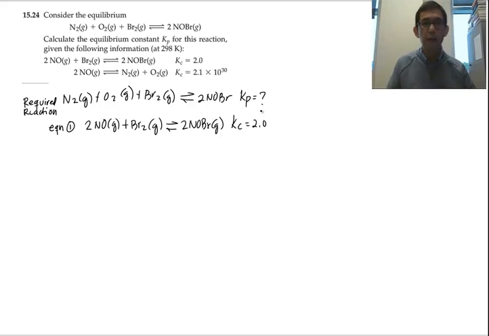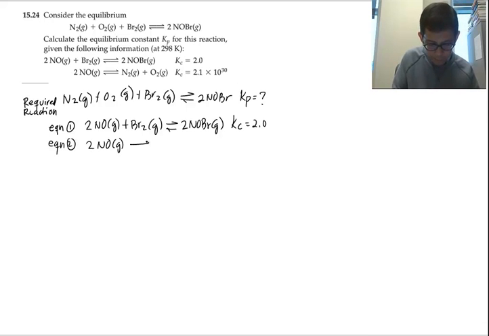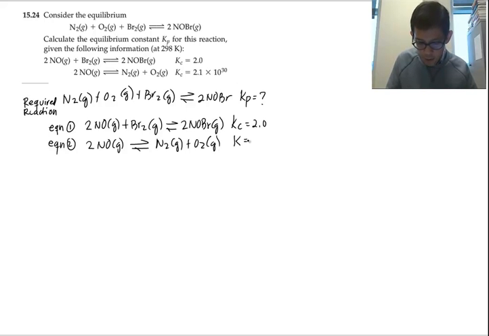And then we're given another reaction, the second one, 2NO gives N2 plus O2. And the Kc for this is 2.1 times 10 to the 30.